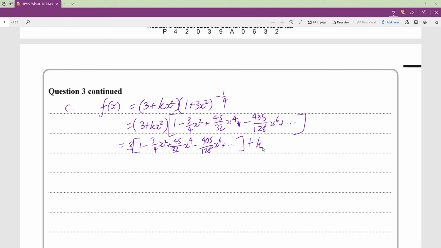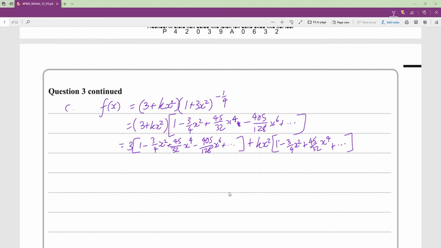Plus kx squared times only the first 3 terms, because if we were to bother multiplying it by x to the 6, it would give us a term that is of a power greater than x to the 6, in fact, x to the 8th. So kx squared times 1 minus 3 over 4 x squared plus 45 over 32 x to the 4 plus dot dot dot.